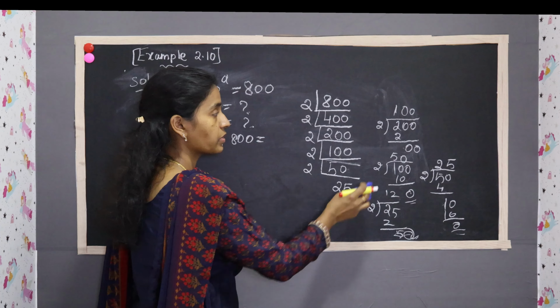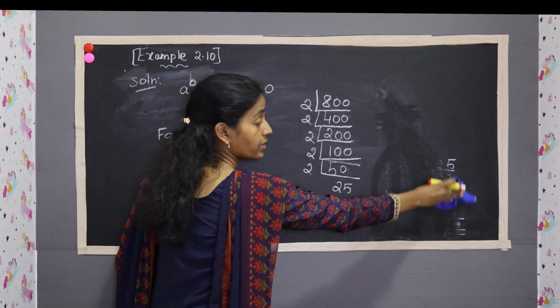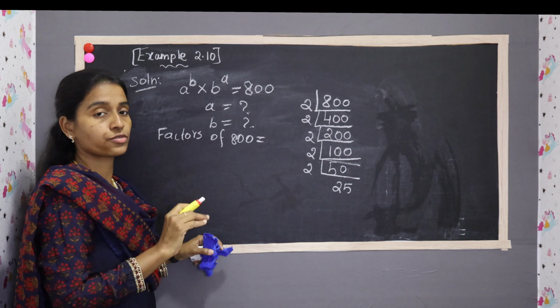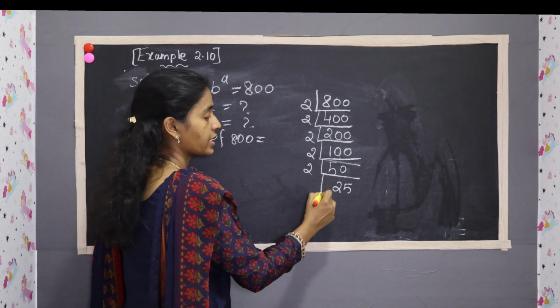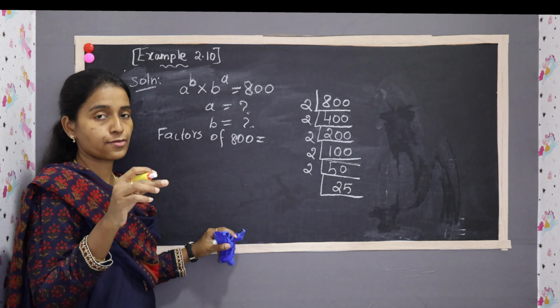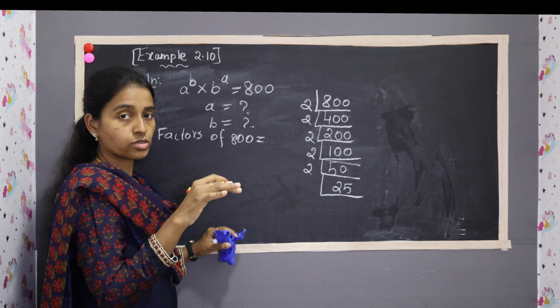So what number can we take? Whatever number you are taking, that number should divide this 25 completely. So I can take 5. 5 into 5, 25, right? That will not leave the remainder.